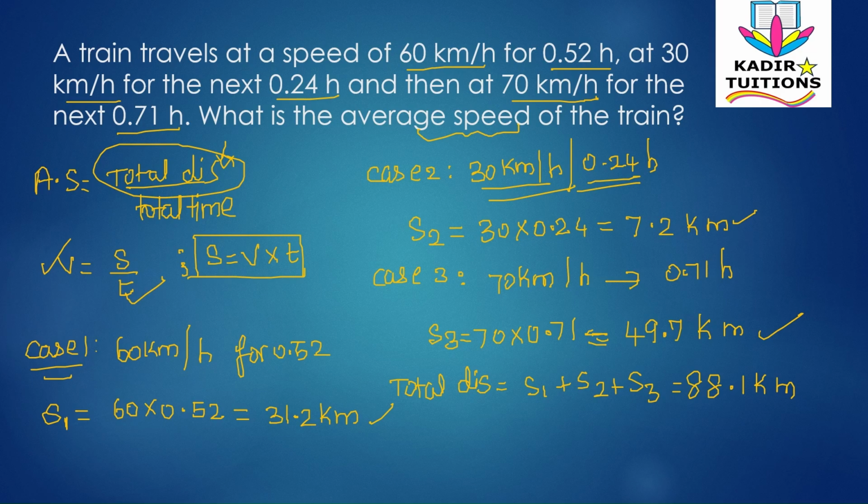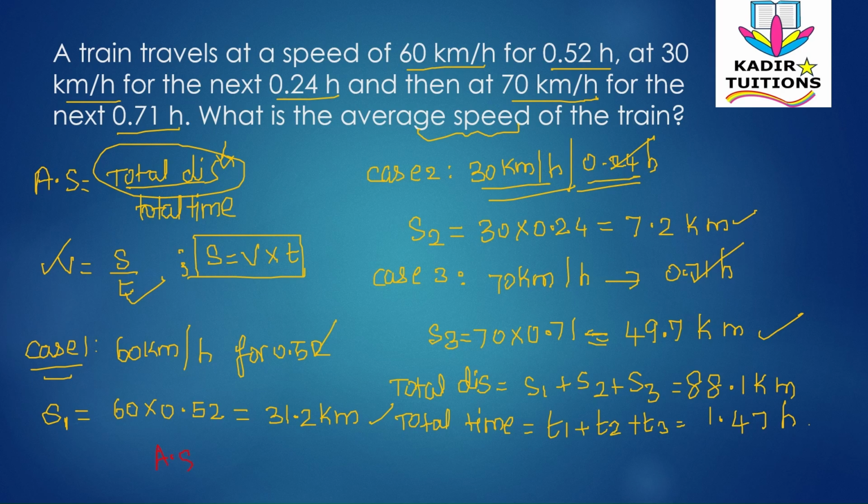Now we require one more data, which is total time taken, right? Total time is 0.52, then 0.24, and then 0.71. If you add all the time durations T1, T2 plus T3, we will get 1.47 hour.